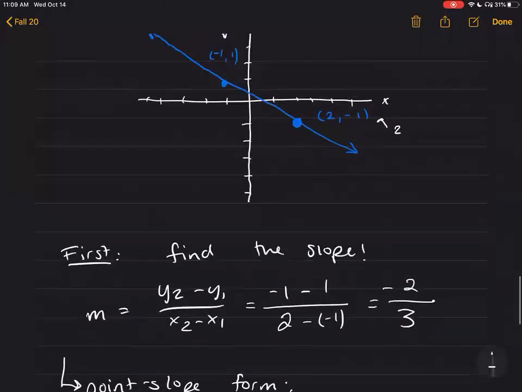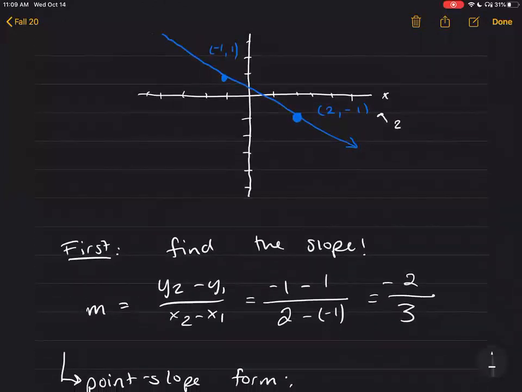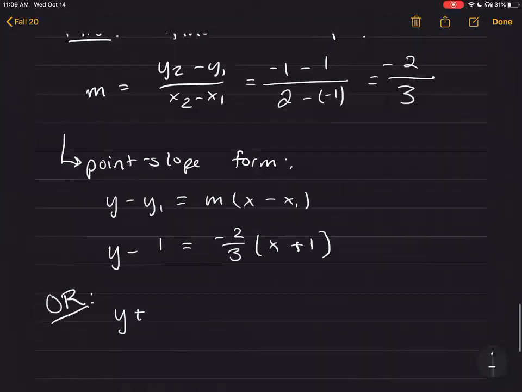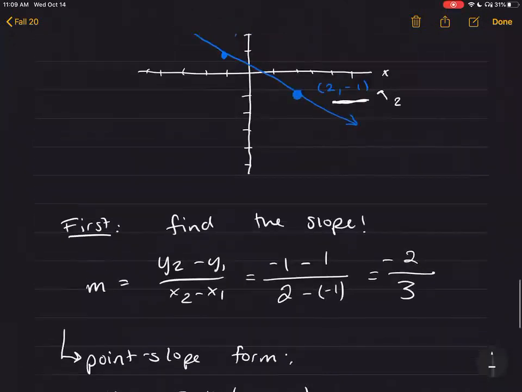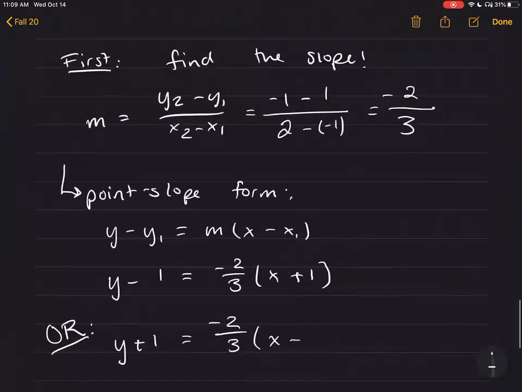In this case, for y1 I would use -1 from this point, so that'd be +1, equals, the slope stays the same, times x minus x from this point, which is 2. Groovy. If you were to expand these out and use the math, you could get from one to the other. They're both perfectly correct answers, so it doesn't really matter which point you use.